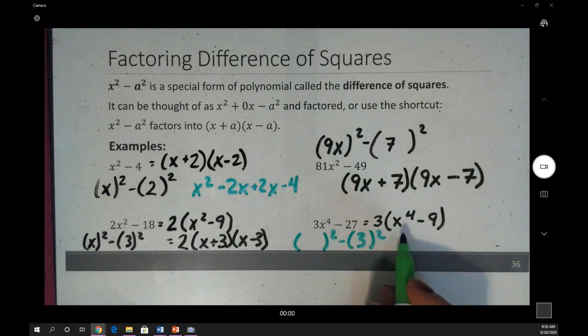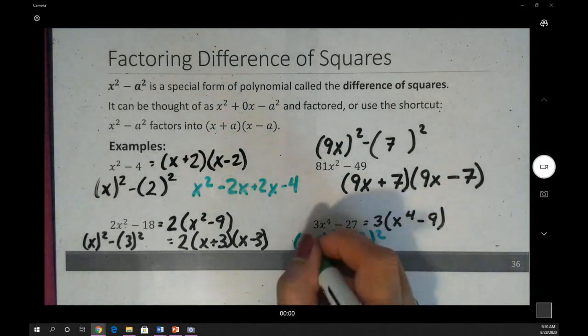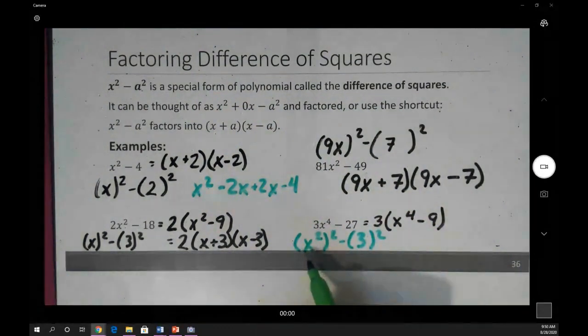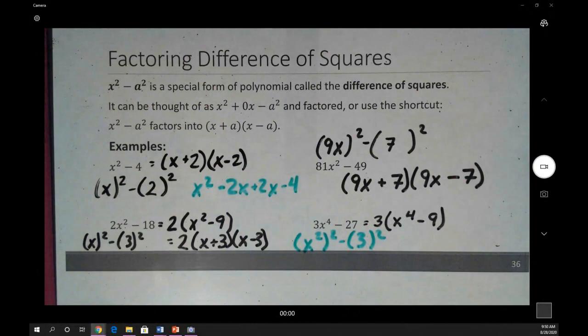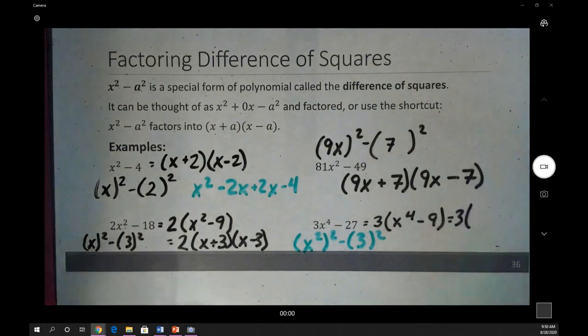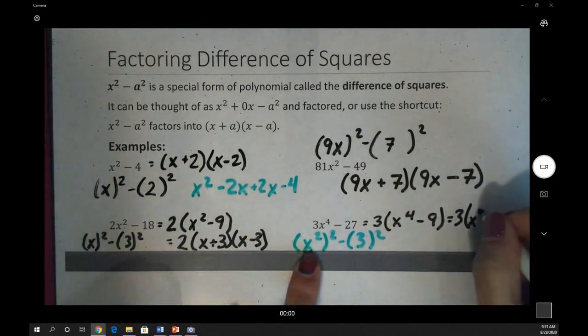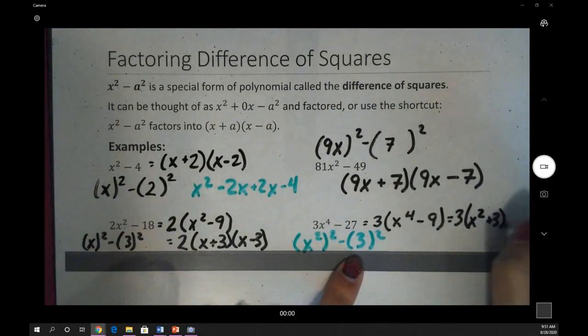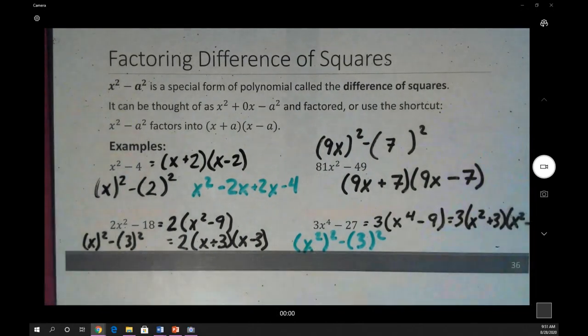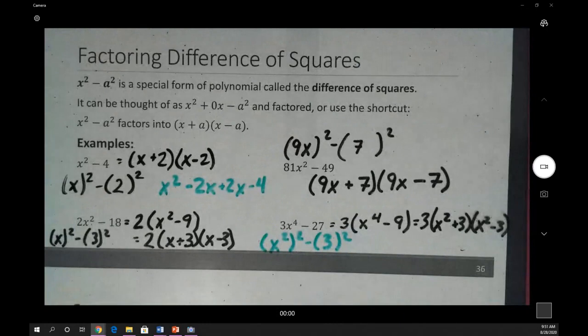I'm aiming to get x to the 4th. So what I need in here is x squared. Because if I take x squared times x squared, I get the x to the 4th. So I need to leave my 3 out front, but then I'm going to have x squared plus 3, x squared minus 3. That's how we factor our differences of squares.